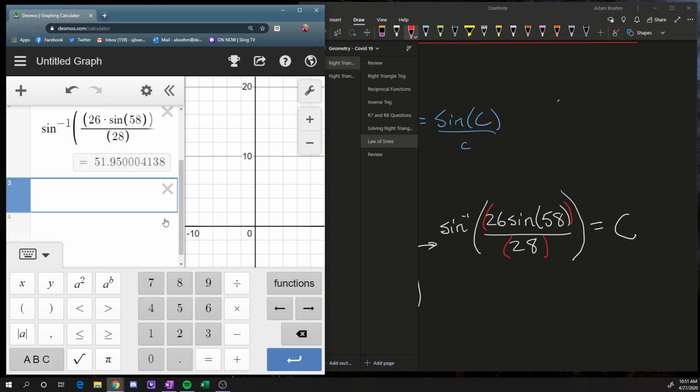And when we do that, we get 51.95. Again, this question says round to the nearest tenth, so that would round up to 52. Questions about that example, because that ties in a couple of things that we haven't done in a little bit, mainly inverse trig?